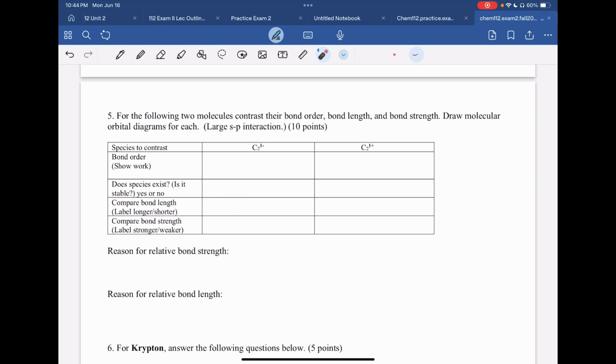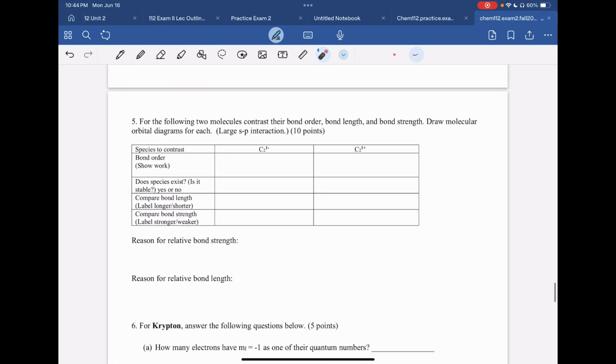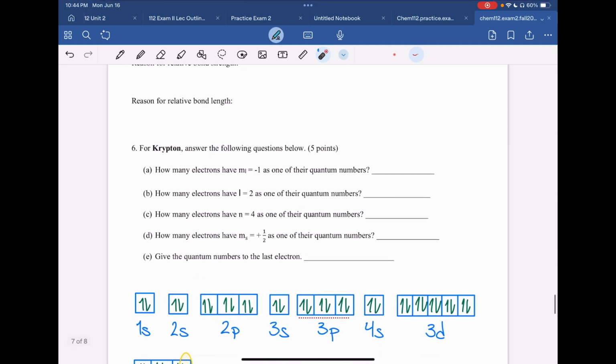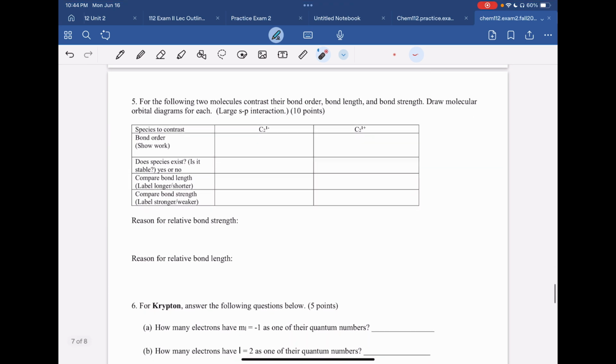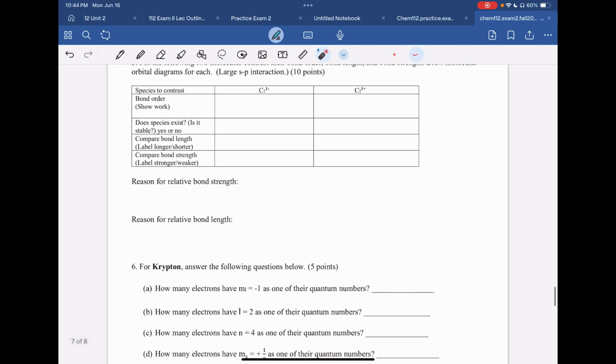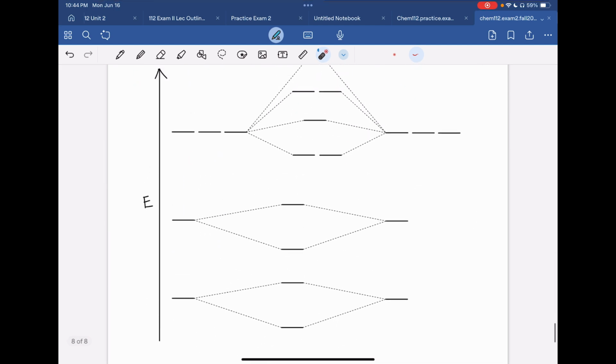Find those in the lecture notes, and then here's another example. This is comparing C2 minus versus C2 plus. First I want you to draw C2. This is just regular, okay? No ion.